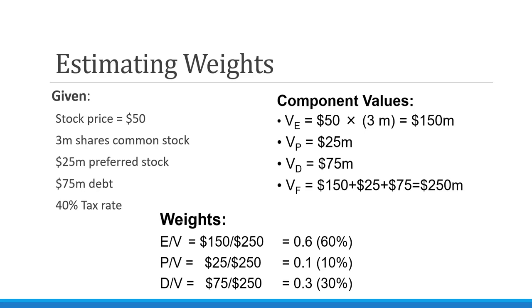The equity value is 150 divided by the total value. So our current weights are 60% equity, 10% preferred stock, and 30% debt. So that is the capital structure of this company.